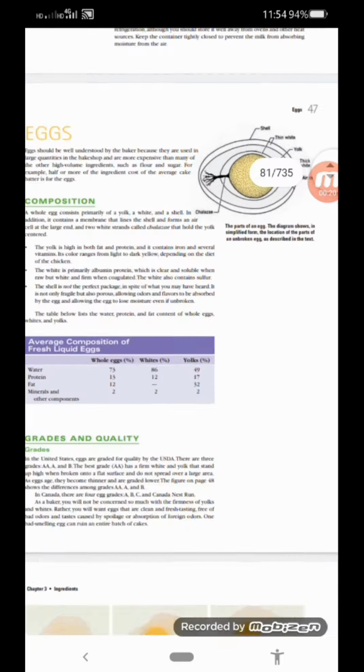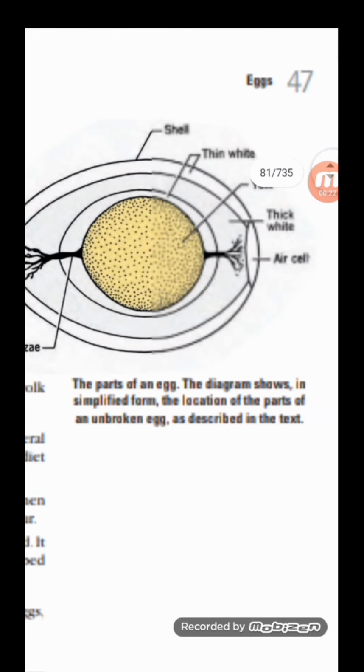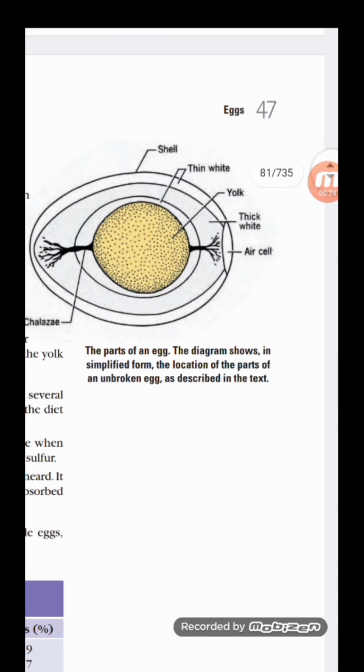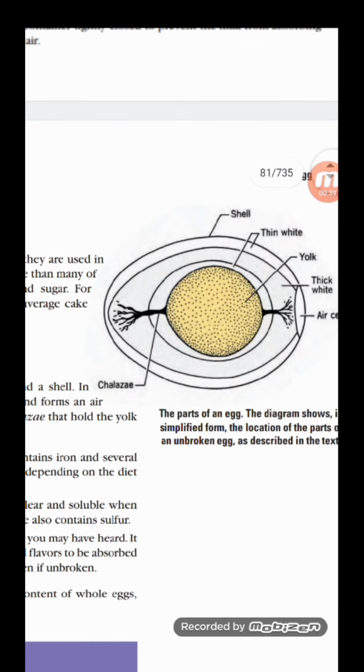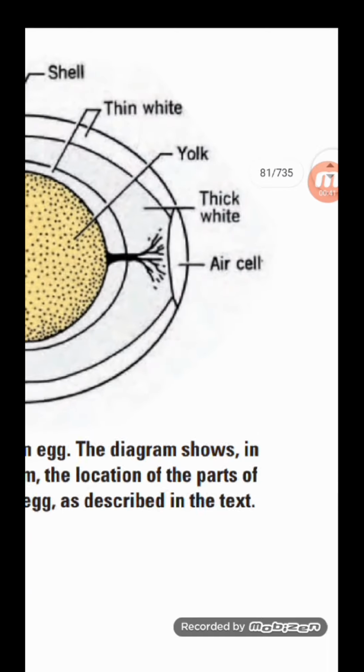So herein, if you look at this structure which we have discussed last semester also, we have the shell, which is the outer part of the egg which we normally all see, and then you have the thin white, the thick white, the yolk within. The yolk is suspended using the chalaza. See the chalaza over there, and the air cell.